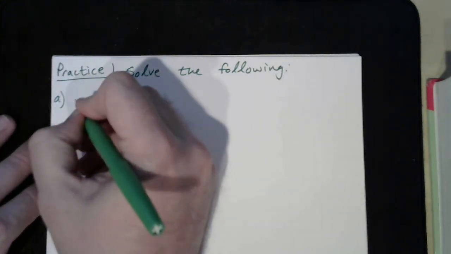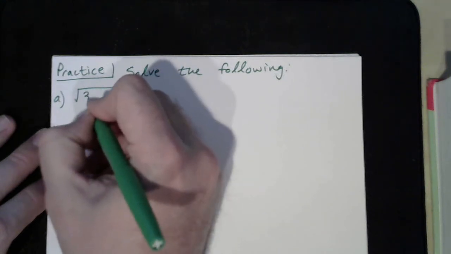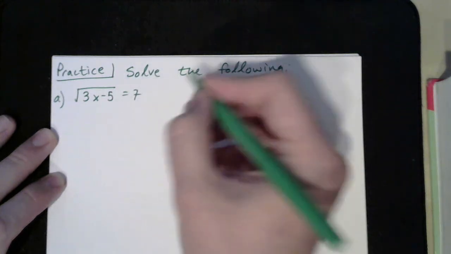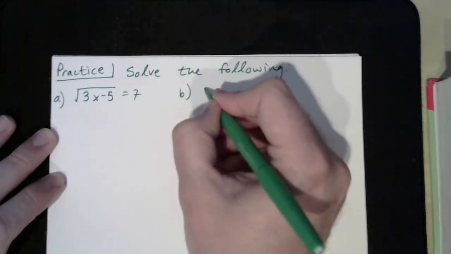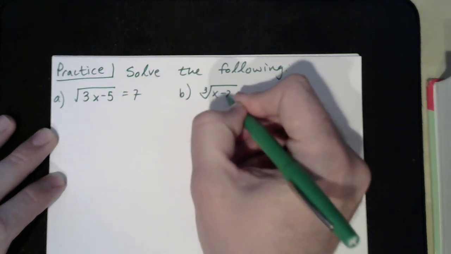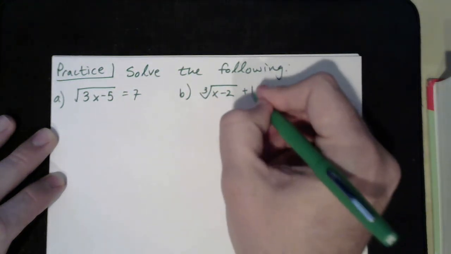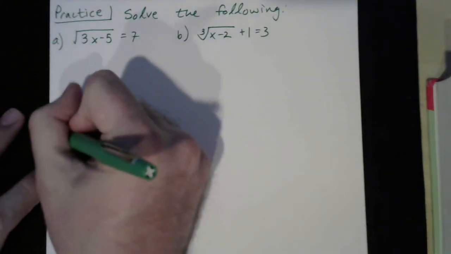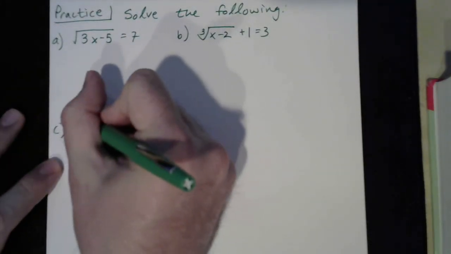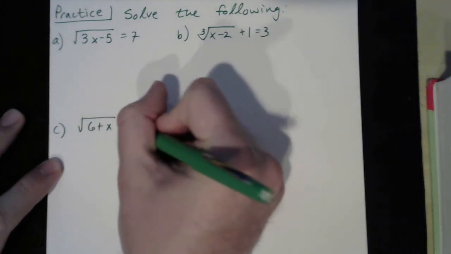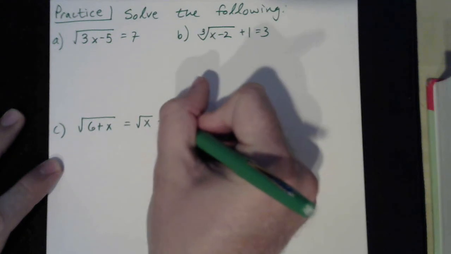The first is the square root of 3x minus 5 equals 7. Then it's the cube root of x minus 2 plus 1 equals 3. And then the last one is the square root of 6 plus x equals the square root of x minus 4.